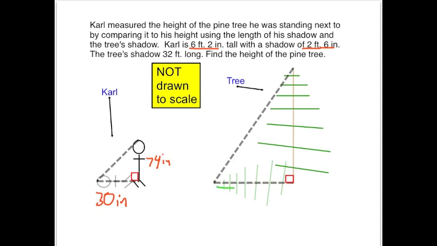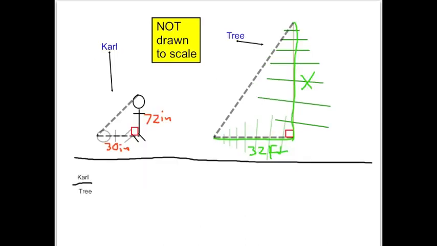The length of the shadow on the ground is 32 feet, but the height of the tree is unknown. So let's call that x. So we'll set up our proportions, Carl divided by tree.